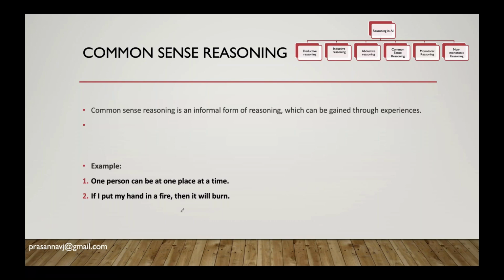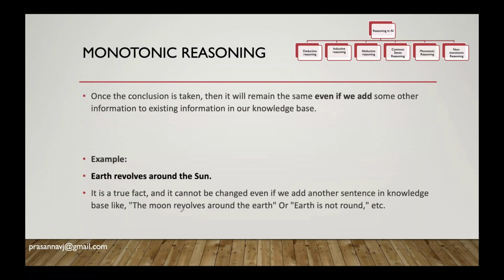The next is monotonic reasoning. In monotonic reasoning, once you have taken a conclusion as an AI agent, even if you add some new inferencing, the whole reasoning will not change. For example, Earth revolves around the sun, which we all know, and this is a derived conclusion.